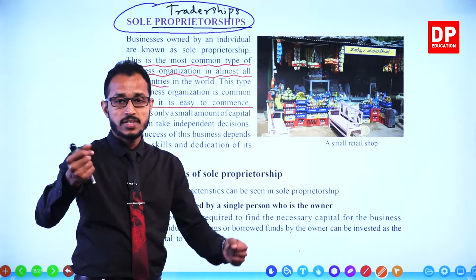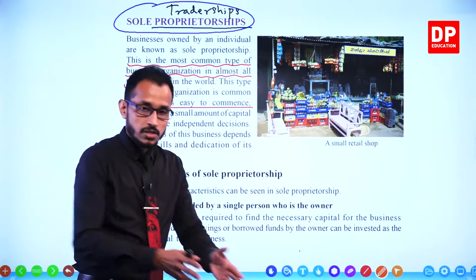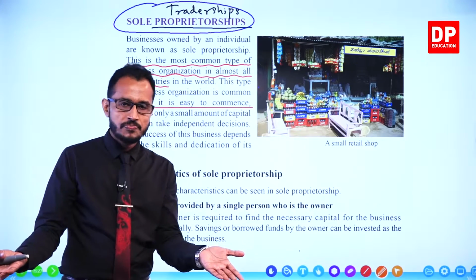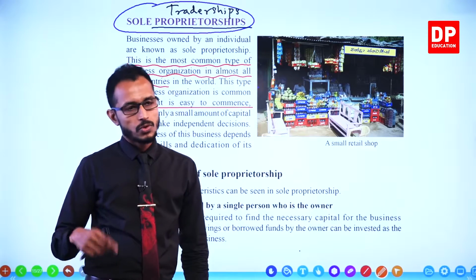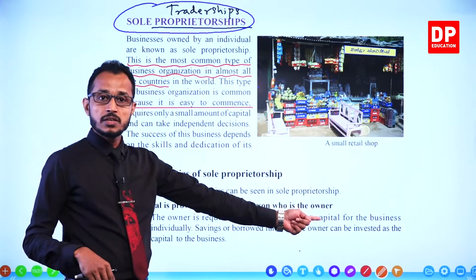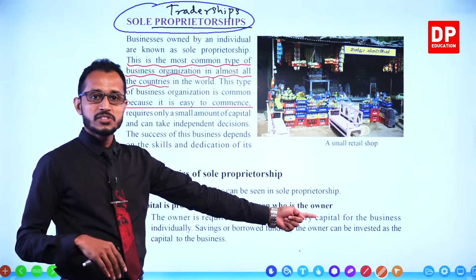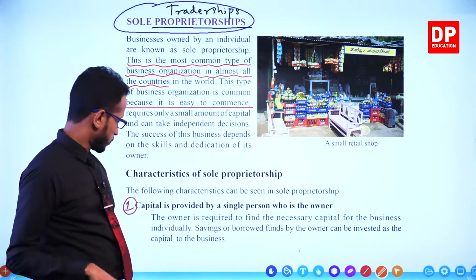With the profit, he can repay. So the capital invested to start this king coconut business was borrowed from somebody by the owner. Or if you have money, you can invest your own money in your business. So capital is invested by one person, that is the owner.